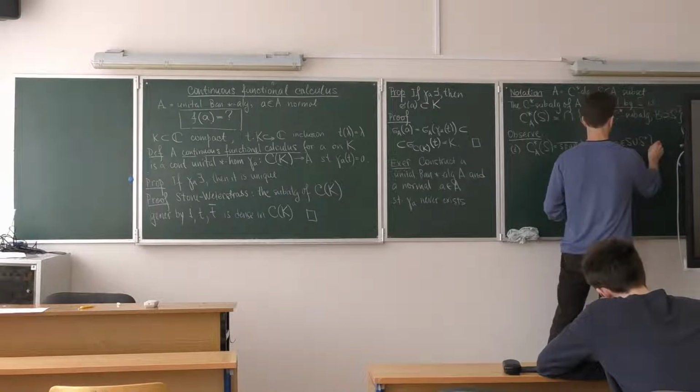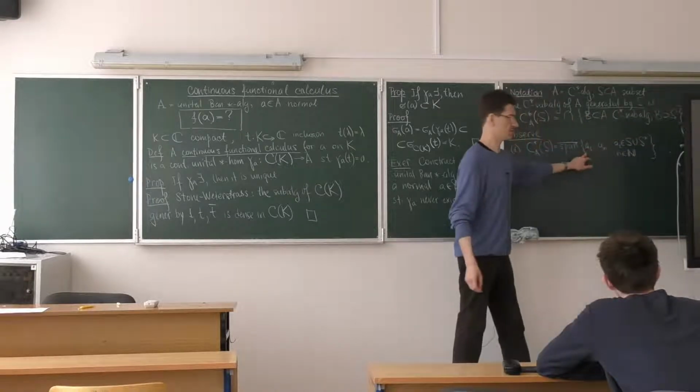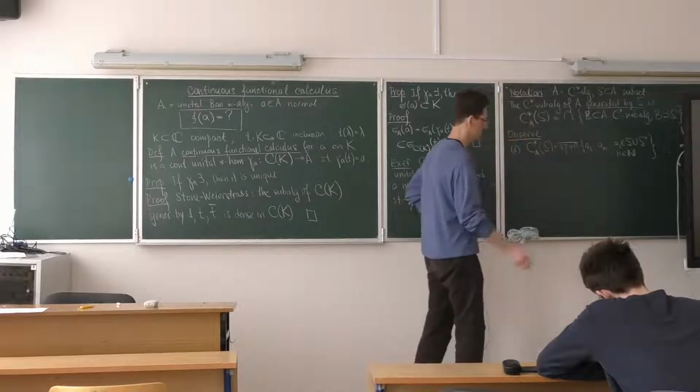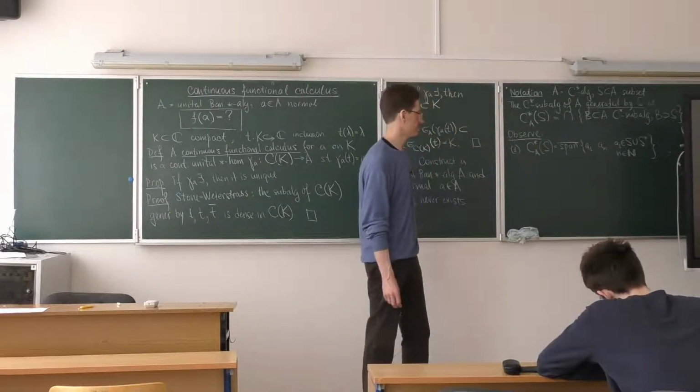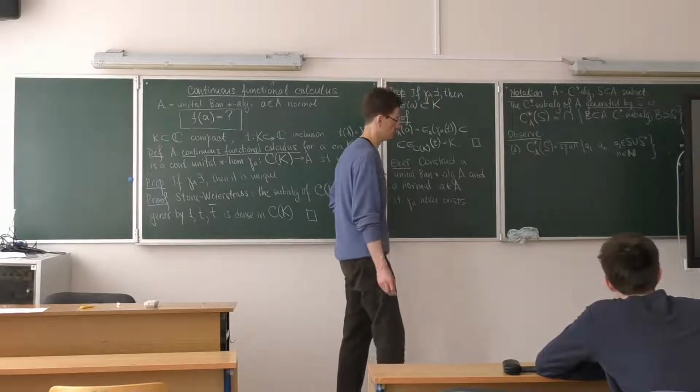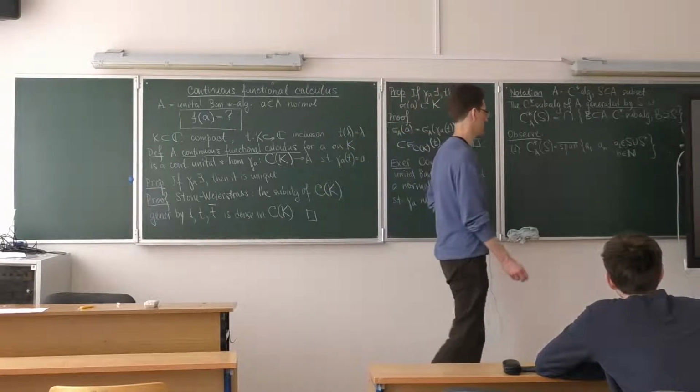So we consider all words in this alphabet S and S star and take the closure of the linear span. Obviously this is a C-star subalgebra, and it is the smallest C-star subalgebra containing S.